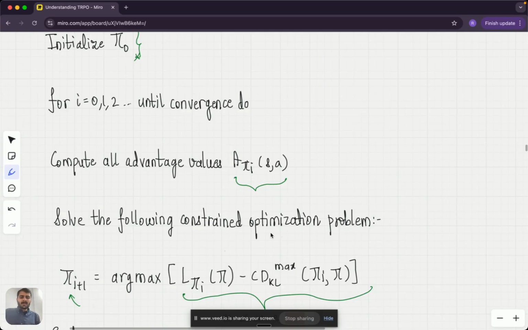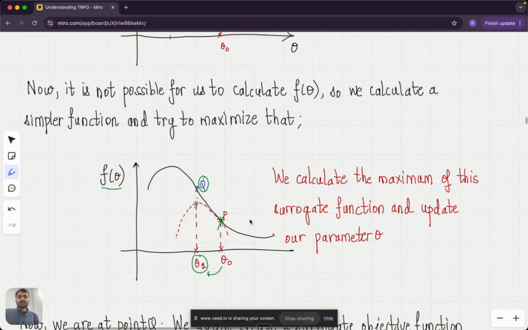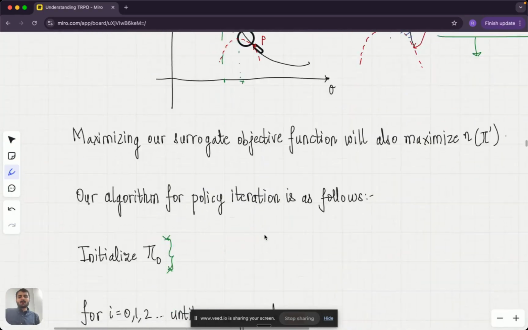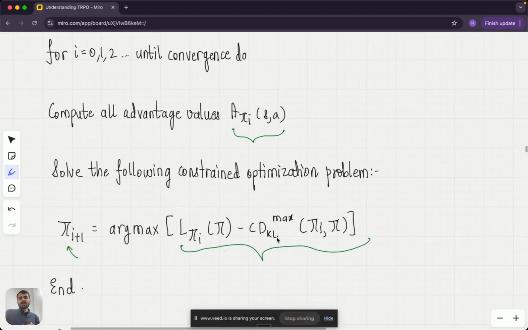Then we will again find the maximum of this and move to pi 2. Then we'll again find the maximum of this, move to pi 3. This is exactly the same that we have done over here in this diagram. At every point, we are calculating the maximum of this surrogate objective function and moving towards the next better policy.